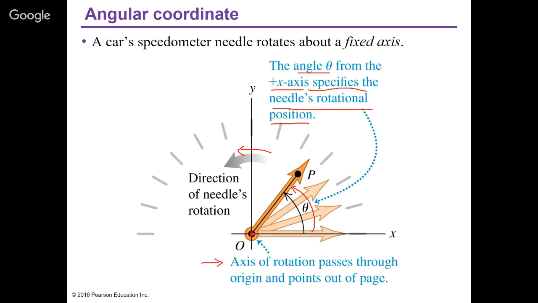This angular rotation is revolving around this z-axis that points out of the screen. So this is the angular coordinate we're working with to define the angle theta for rotation.